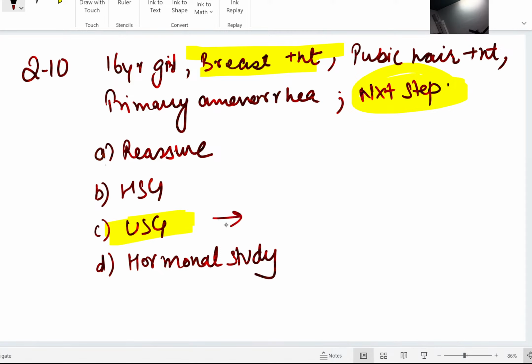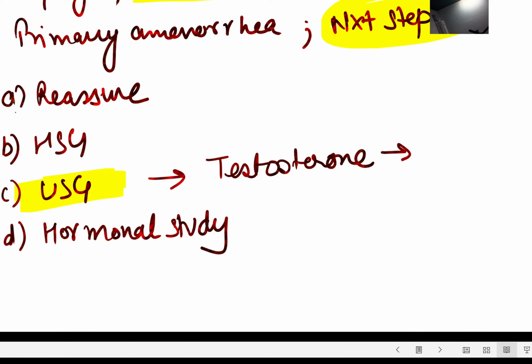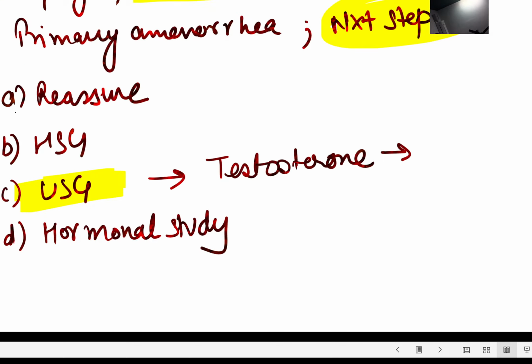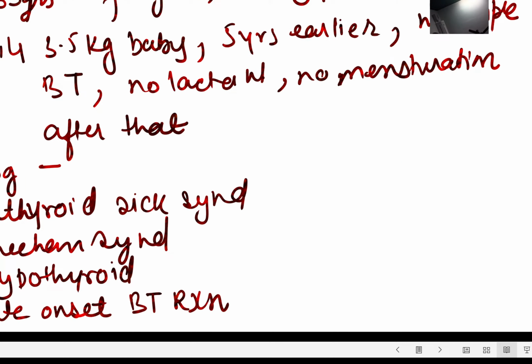What next will you do? Testosterone. What next? Karyotyping.